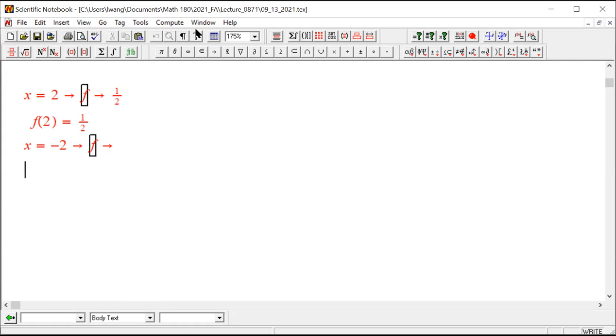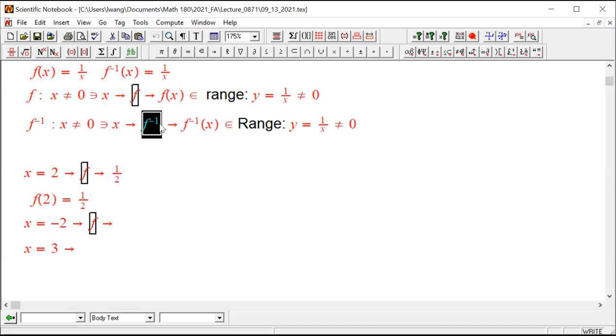And I'm also going to give you x equals 3 for f inverse, and you're going to produce that output. So you're going to produce 2 outputs for 2 different inputs for 2 different functions. Can you do it? I'm sure you can.